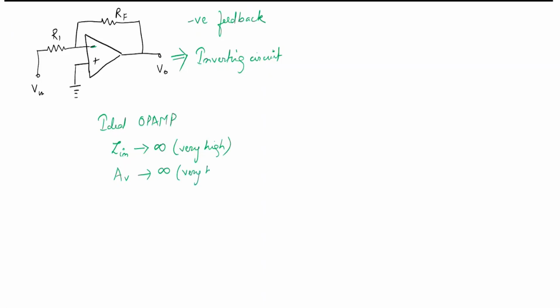Ideally, it is infinite. So this is the characteristic of op-amp. Now, if A is the gain, then my V naught is equal to A into V in. Am I right?